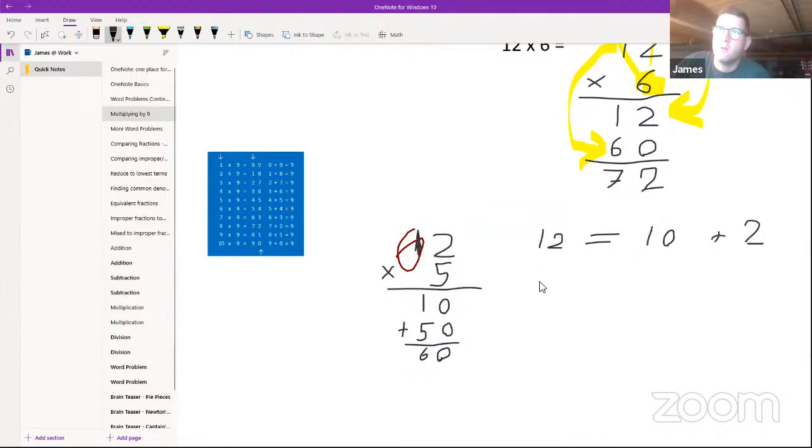And then we're trying to multiply that 12 times 5. So rather than just jumping straight to 60, I broke the 12 up into the tens place and the ones place. Do you know what the tens place and the ones place are?